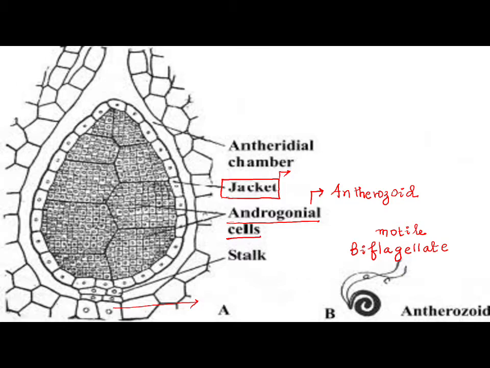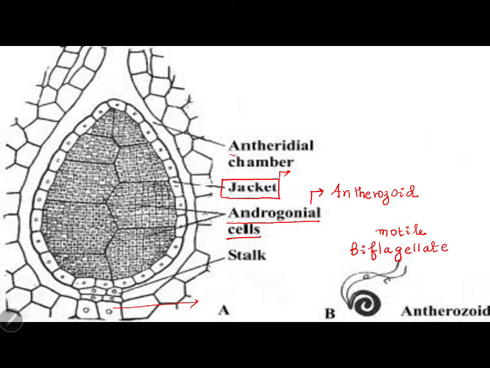That's why the first adaptation bryophytes showed in terms of sexual organs, being the amphibians of the plant kingdom, is that they have a protective cover of cells called the jacket, which encloses the male reproductive cells which give rise to male gametes.